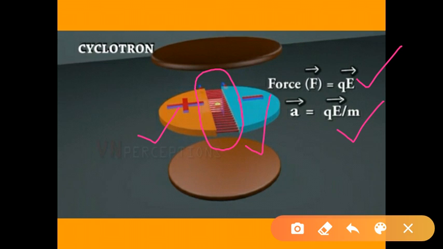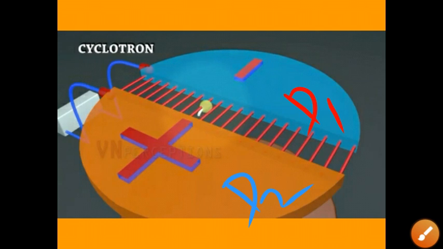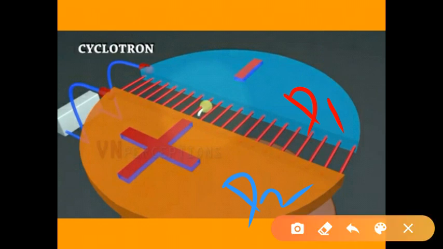Now, the charged particle will get an acceleration. Moreover, suppose the charged particle is a positive charged particle, then it will get attracted towards the negative D. So it will move towards the negative D, that is D1, with an acceleration, that is with an increase in speed.